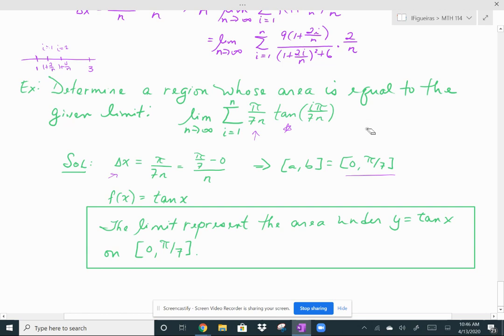And my input values are i pi over 7n, because for every ith interval, you have a new part, a new rectangle for you to input into the function to get its height. So my function is tangent of x. So the limit represents the area under the curve of y equals tan of x on the interval from 0 to pi over 7.